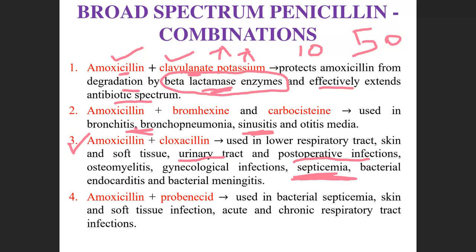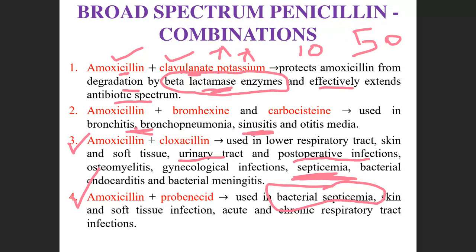Another combination is amoxicillin with probenecid, which is used against bacteria in the case of bacterial septicemia. If a patient has bacterial septicemia, this could be a choice of drug, and it shows a much better effect on skin and soft tissue infections, and acute or chronic respiratory tract infections as well.